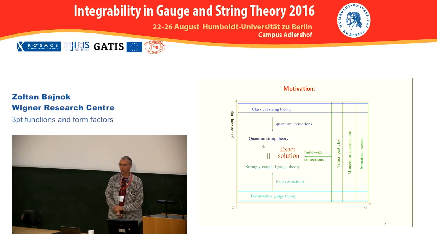This holographic conjecture states that these two things are actually the same, the quantum string theory and the strongly coupled gauge theory. But of course, you cannot really relate them because the reliable domains where you can do calculations here and here don't really overlap.